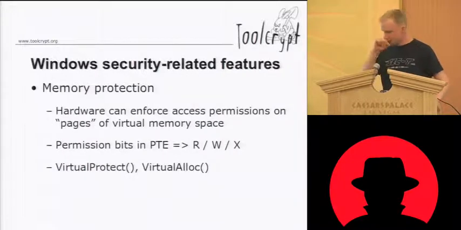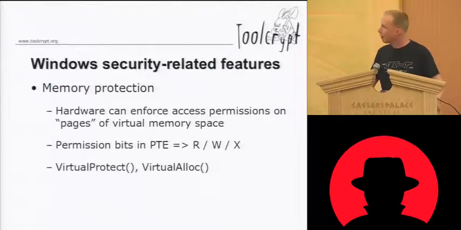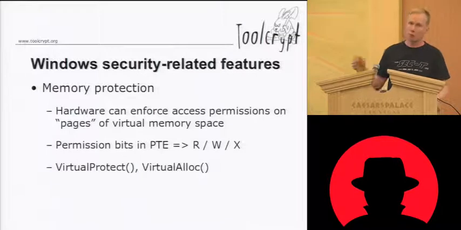Right. Before I go on to specific counter-exploitation measures that Microsoft has developed during the years, I'll just put in this slide here, just to make sure that everybody knows how memory protection works on Windows. Basically, your Intel hardware can enforce access permissions on a memory page basis.